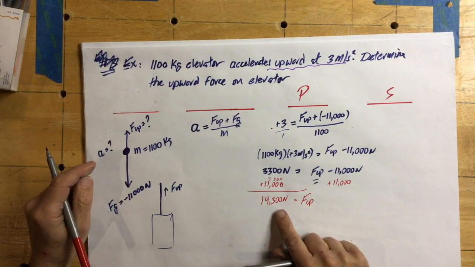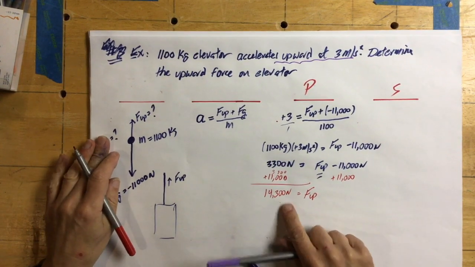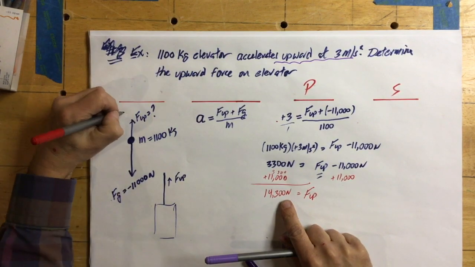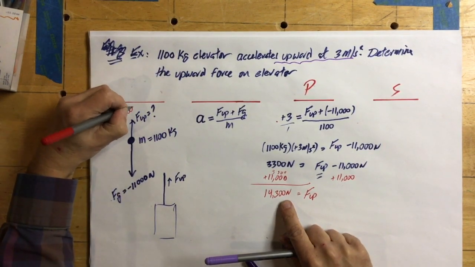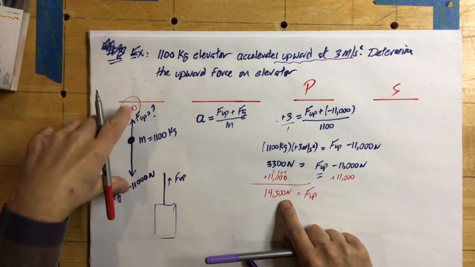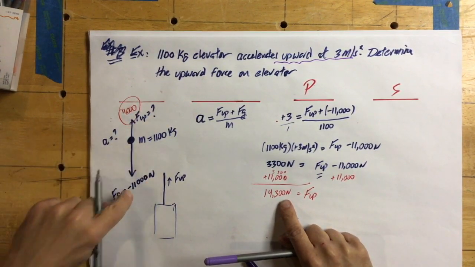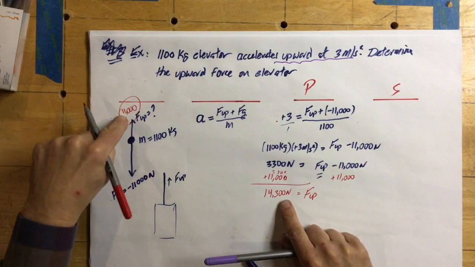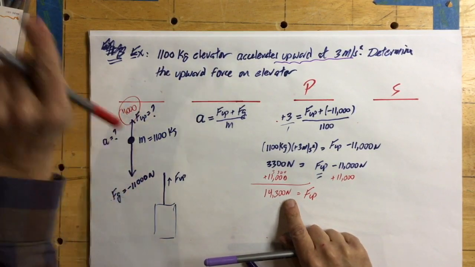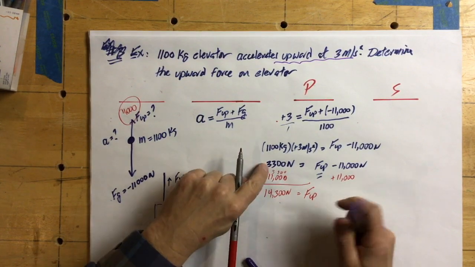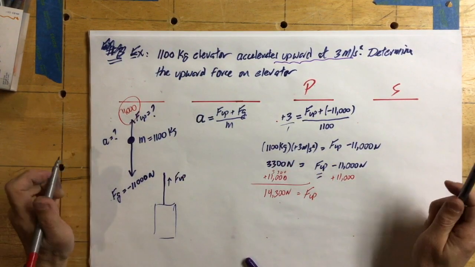And think of it this way, guys. This should make sense. Because if you had an upward force of 11,000, this thing shouldn't accelerate. So you have to be greater than the 11,000 in the positive direction to make this thing accelerate upwards. So you are. You're 3,300 newtons over that 11,000.